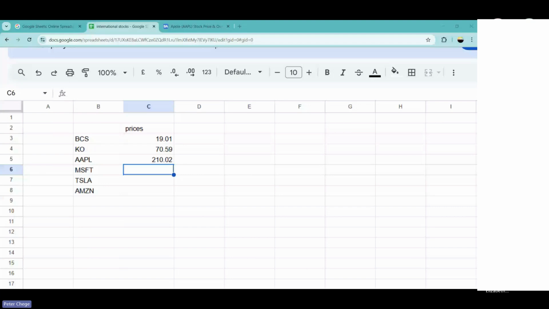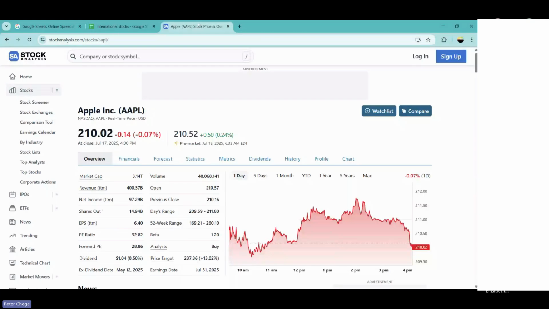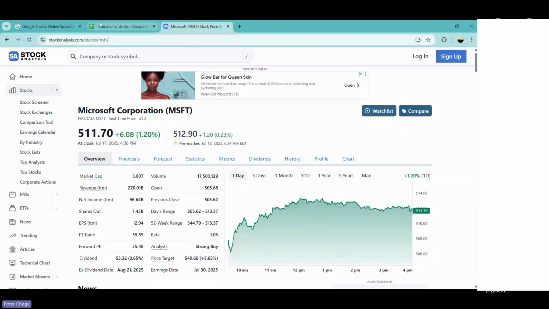Oh, okay. So the beauty with Excel, you can just type this formula and just drag it down. It will fit for the rest. And that's it. Let's check Microsoft, MSFT, 511. So that way you have pulled the prices.